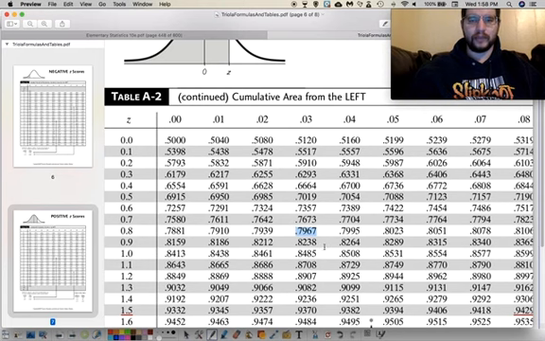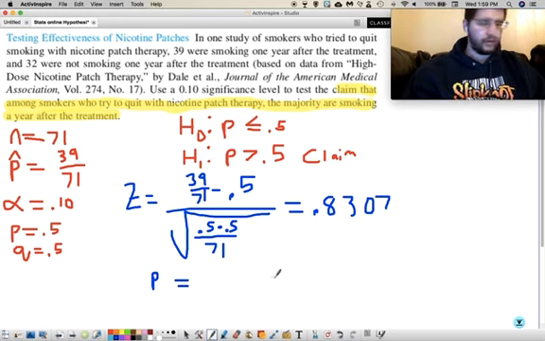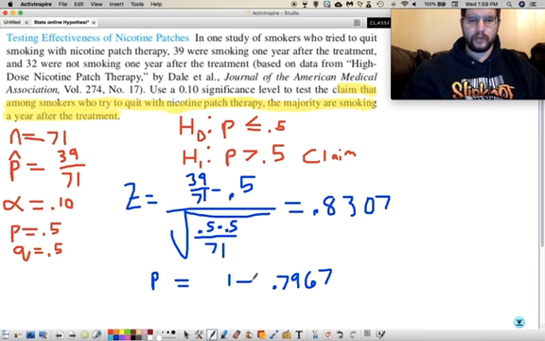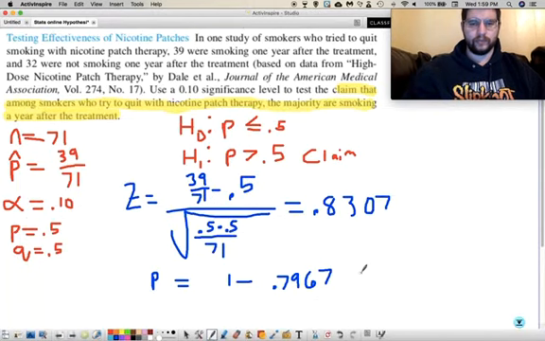I write that down, 0.7967. 1 minus, because the chart gives the area to the left, 1 minus gives the area to the right. It's going to be 0.2033. It's a one tail, so there we are, we're done.